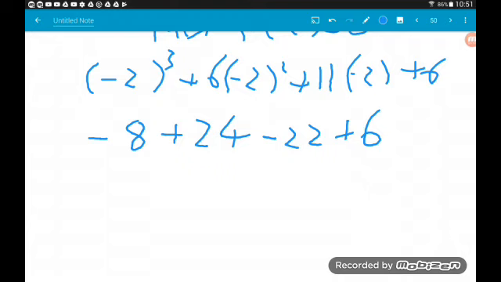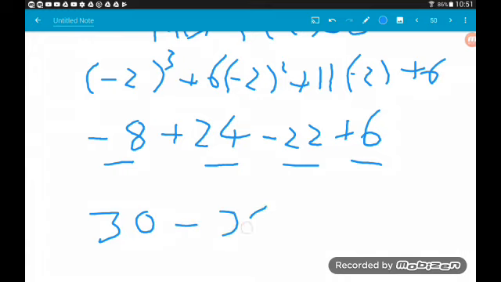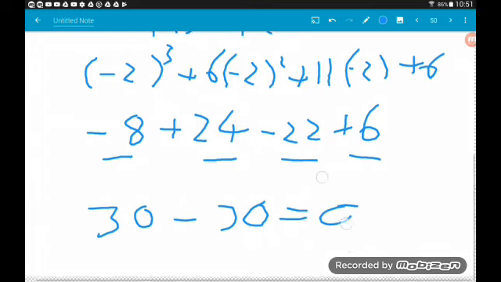So we've got a positive 24 and a positive 6. So that's 30. And then we've got a minus 8 and a minus 22. Minus 8 minus 22 is minus 30, which is indeed equal to 0.